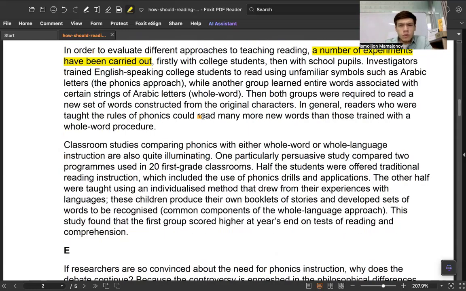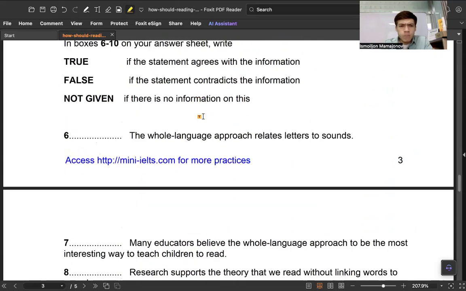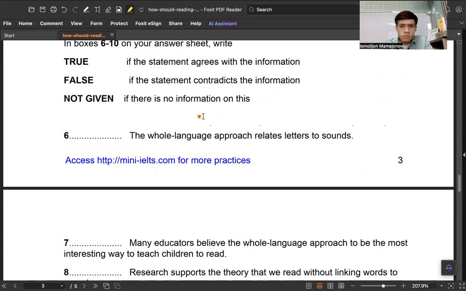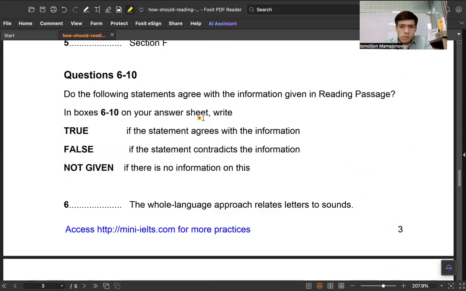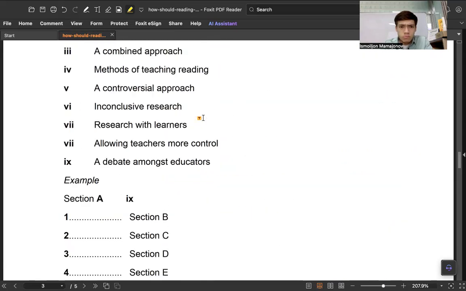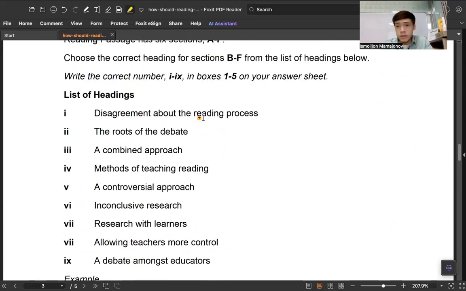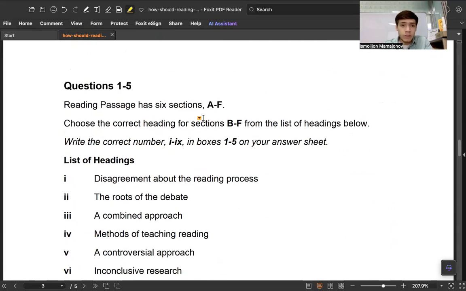So let's go to the options. These are headings. For paragraph A, we have the answer: a debate among the educators. Yes, as I said, paralyzed means divided. The grammar structures are also not really easy, if you ask me.